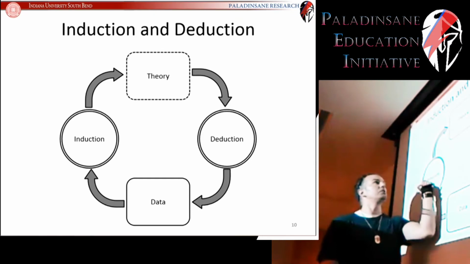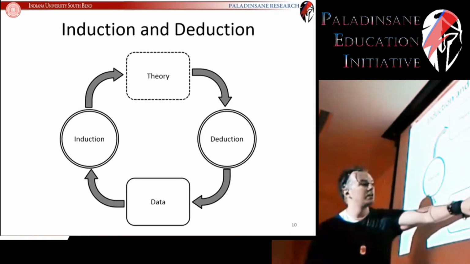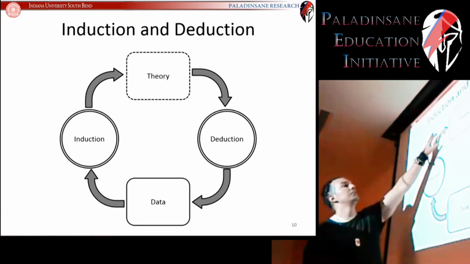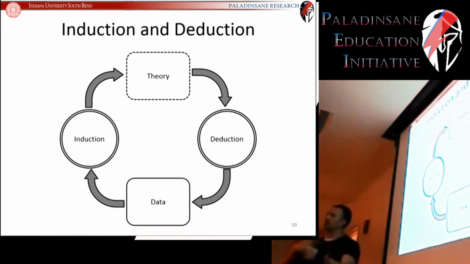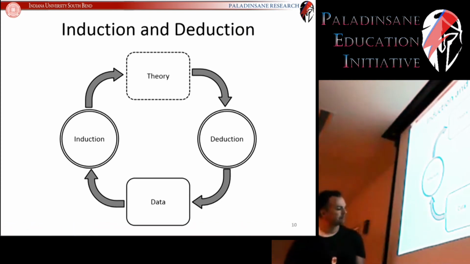But then once you've induced that theory, you deduce a prediction to test that theory. And then if you have a new observation, you induce a new theory, which you deduce a new prediction, and so on and so forth, every single time getting closer and closer, hopefully, to the truth.